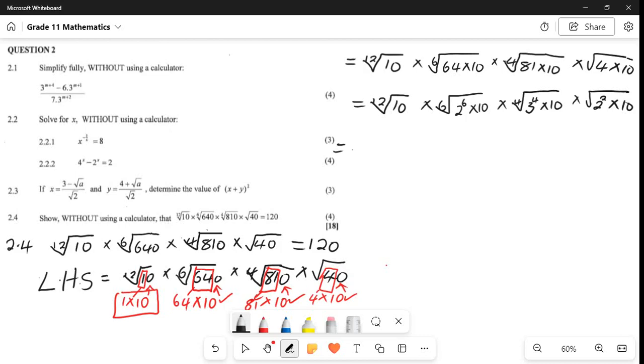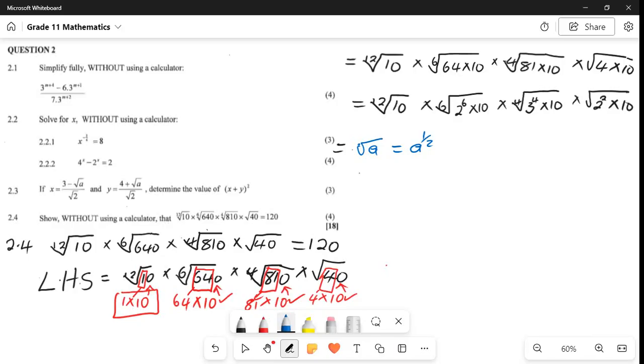We continue with this. You will remember that the square root of a is the same as, I told you there's always a 2 here, a to the power 1 over 2.